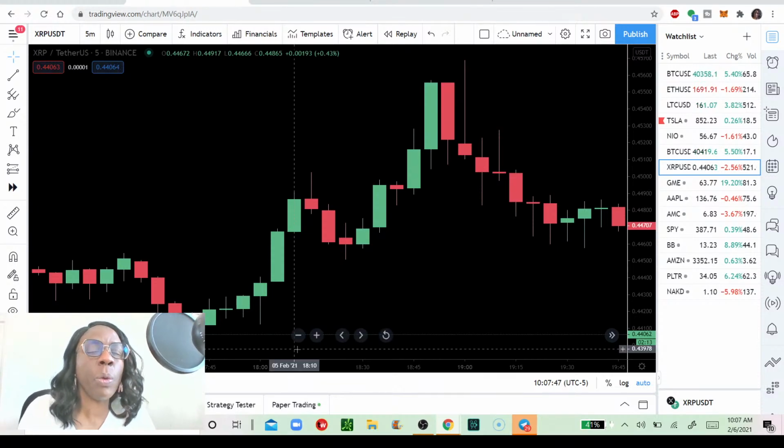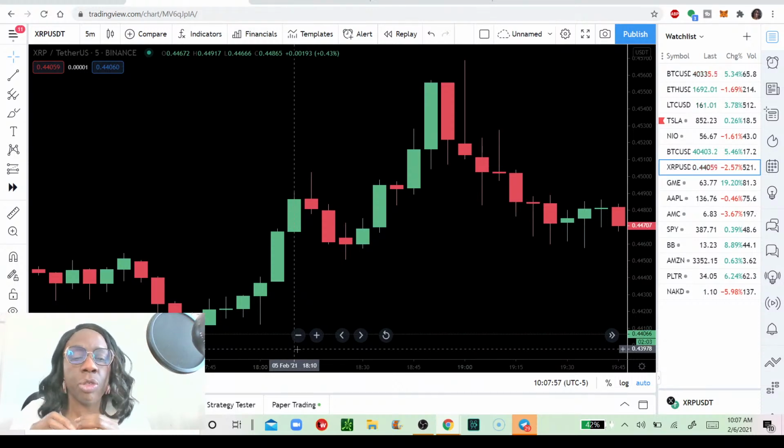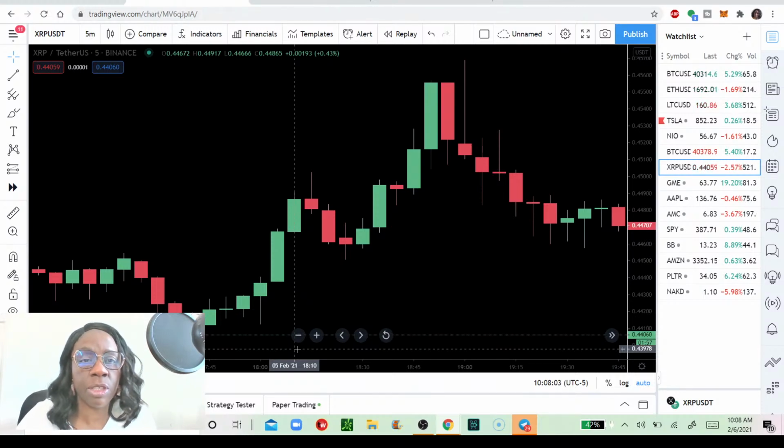And the way trend lines work is that you really want to draw your trend lines whenever the market is trending. So they come in useful in an uptrending market, as we can see on this chart, or in a downtrending market.